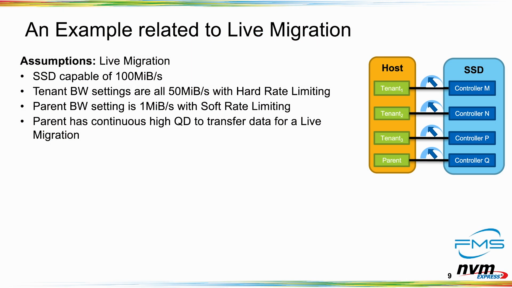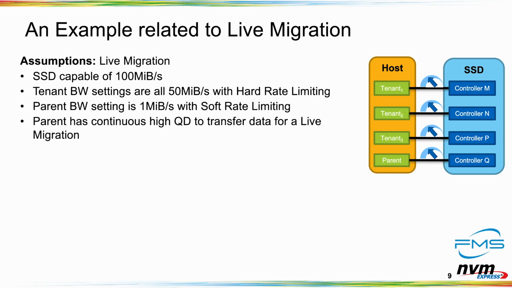I think that taking those examples and now applying them to some real-life scenarios and stop being so abstract is helpful. So I put in here an example of applying QoS to live migration. This is certainly not the only time you'll have QoS, but it helps provide a little bit of a bigger picture understanding here. So we have a SSD capable of the same 100 megabytes per second. All the tenants are 50 megabytes per second with hard rate limiting.